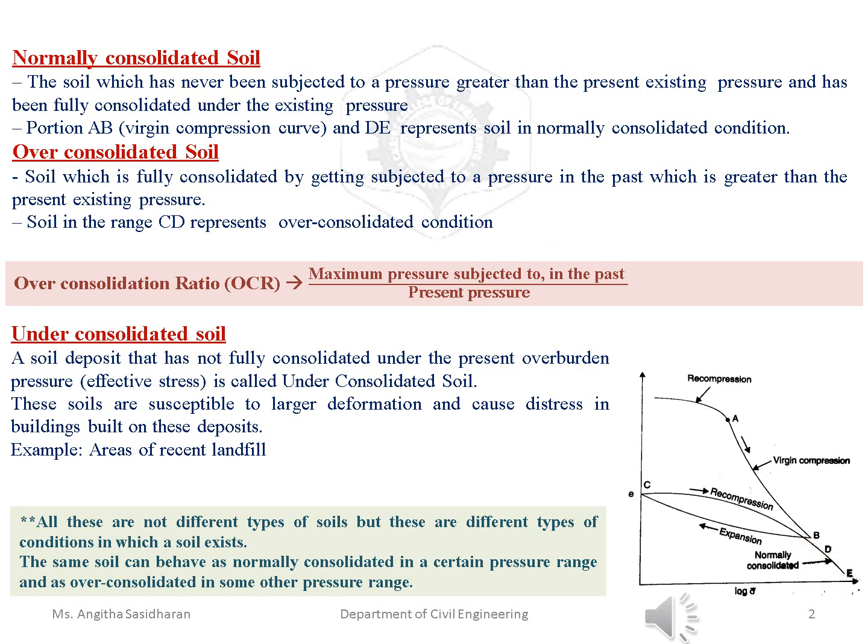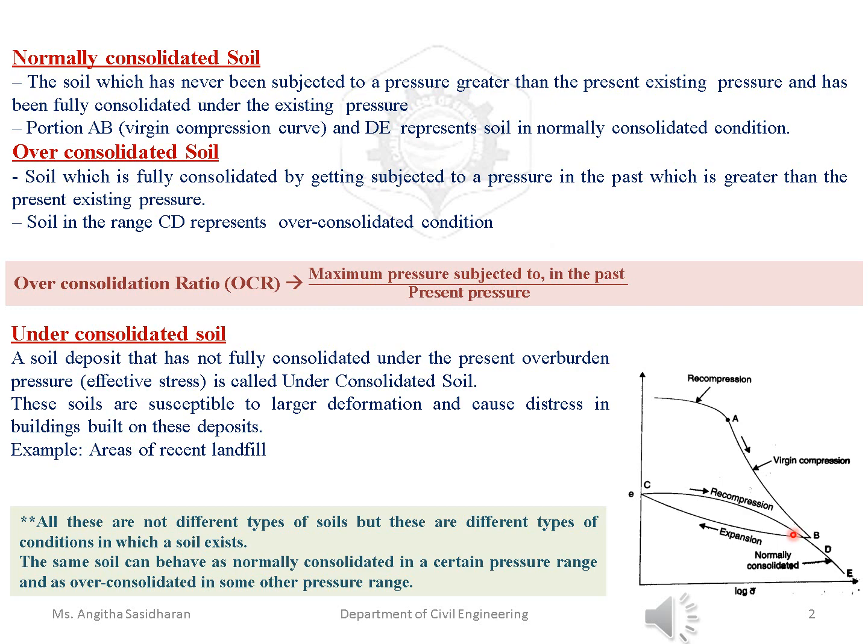So in the reloading portion, the maximum pressure it is experiencing has already been experienced in the loading part. So now when it is reloaded, that pressure is not new to that particular soil. So it is recompression. It is feeling like a recompression.